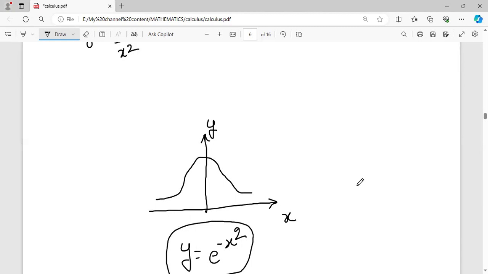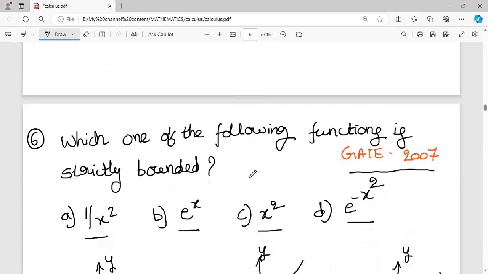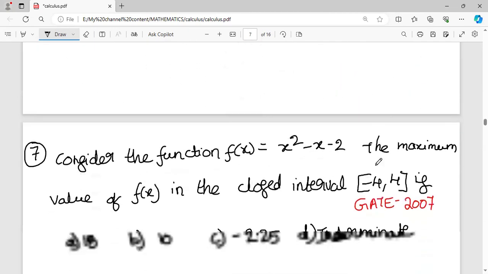Here it has a minimum value and a maximum value. So the option is y equal to e power minus x square.